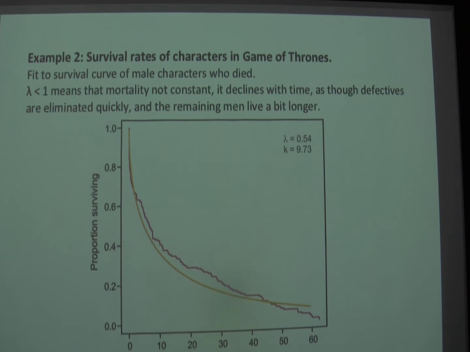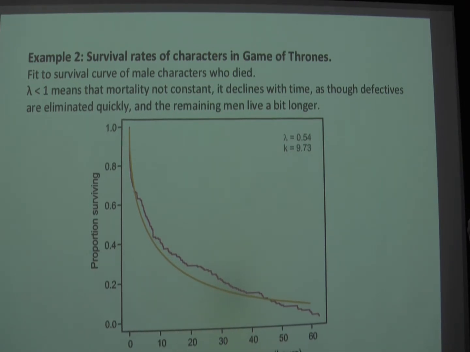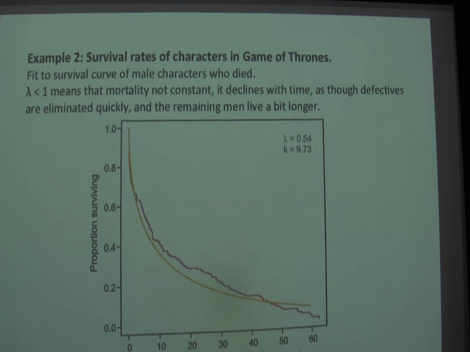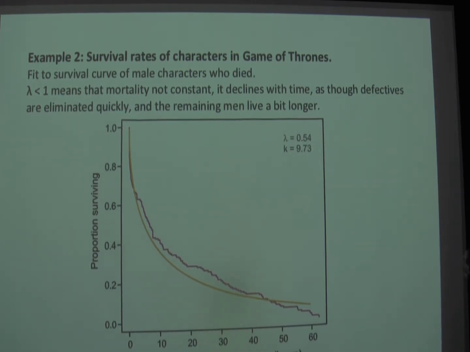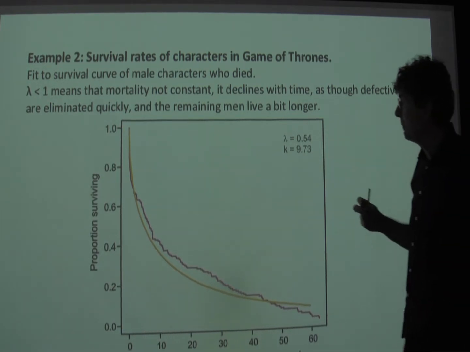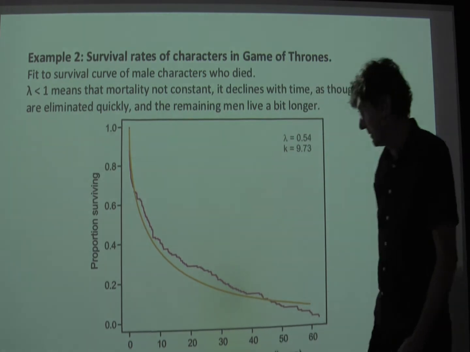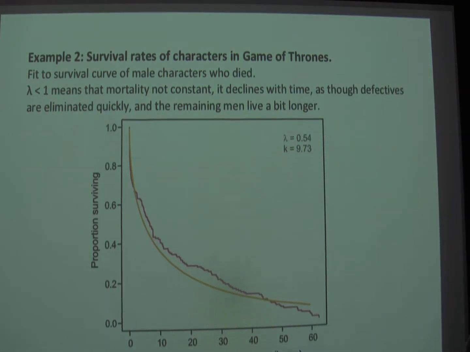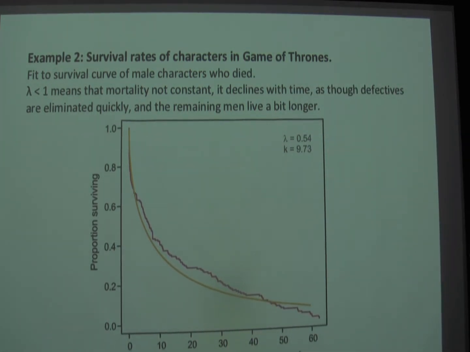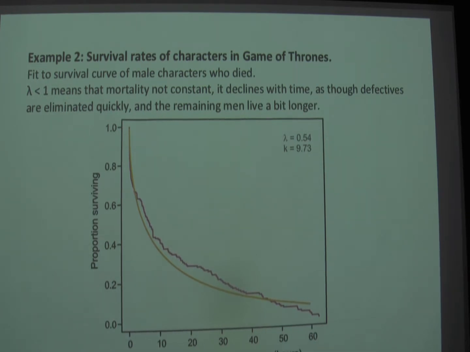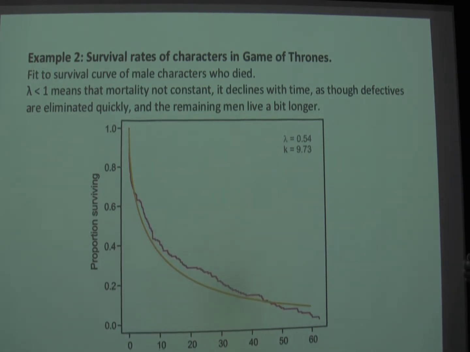And what that means is that the worst situation to be in is to be a guy who has just recently appeared on the show, because your chances of dying, disappearing from the show, are highest then. And if you survive at least 10 hours on the show, it gets better after that. You're still going to die, but it's going to take a little longer.